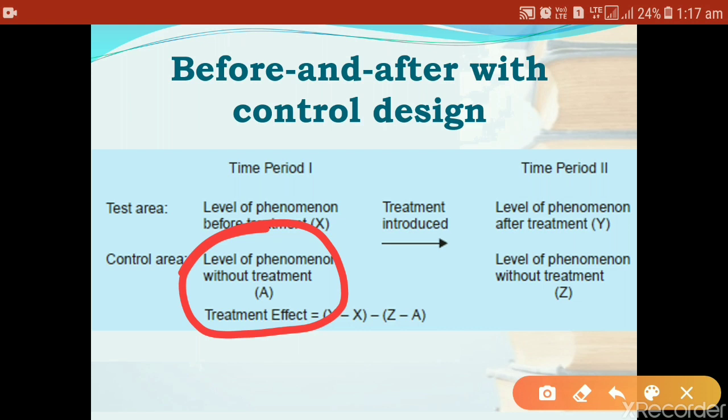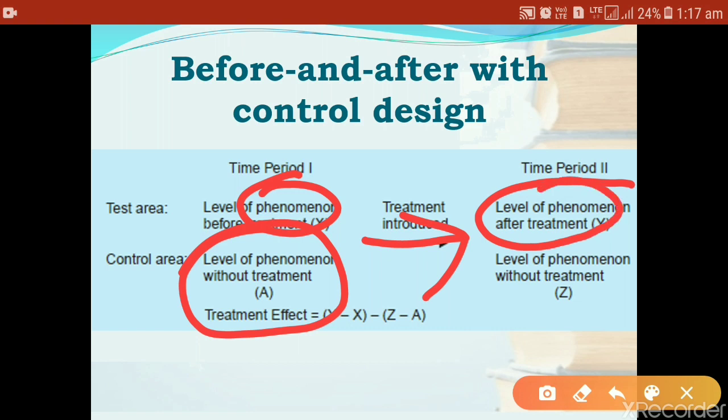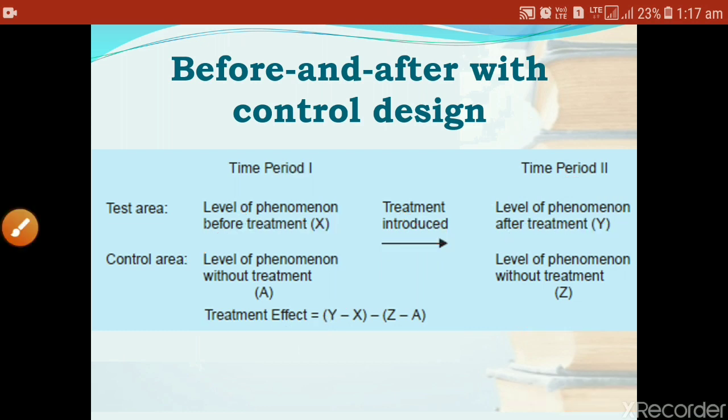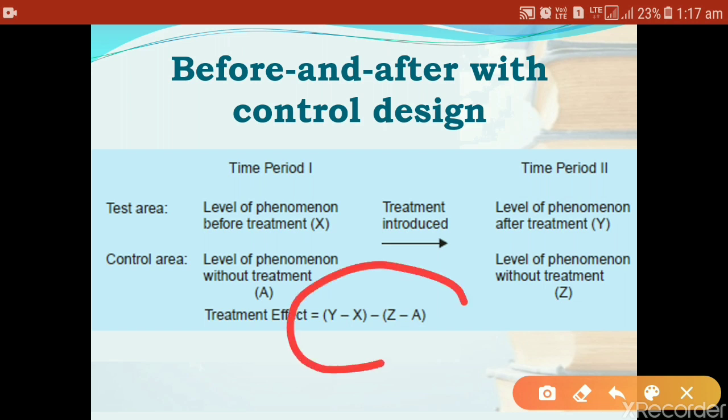Then we will take another sample in which we will introduce the treatment. Then we will study the level of phenomena after treatment, and the level of phenomena again in the untreated sample without treatment. So your net effect would be y minus x minus z minus a.